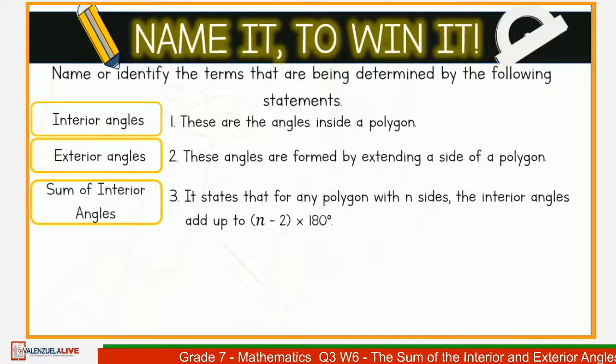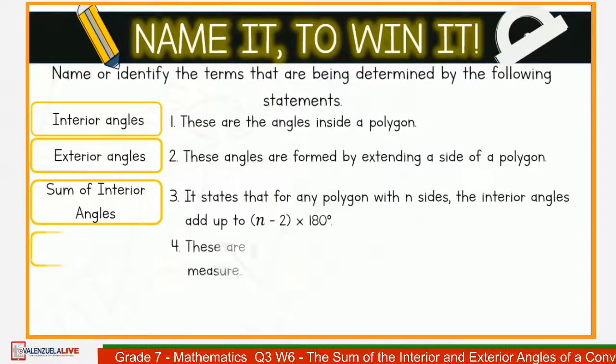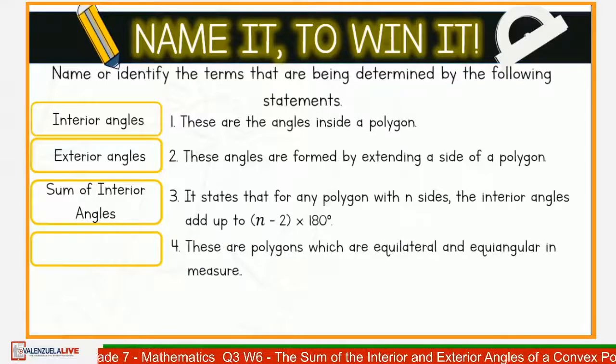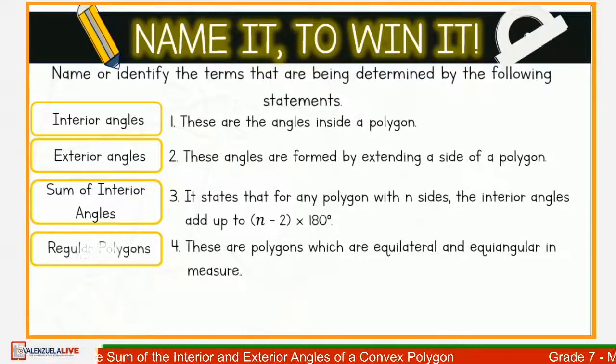Great! It is sum of interior angles. Doing good. Let us have question number 4. These are polygons in which all of its sides and all of its angles are equal. You are right. It's regular polygons.